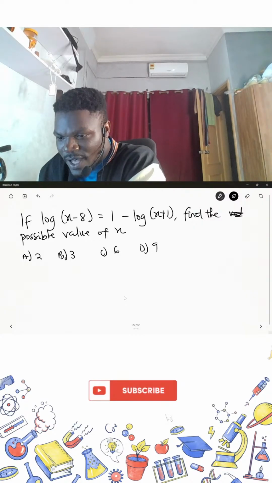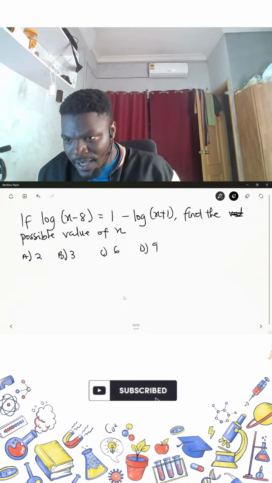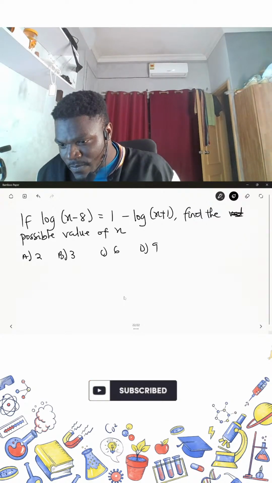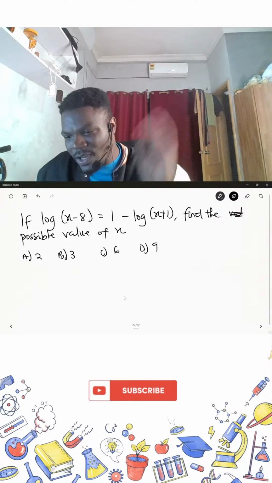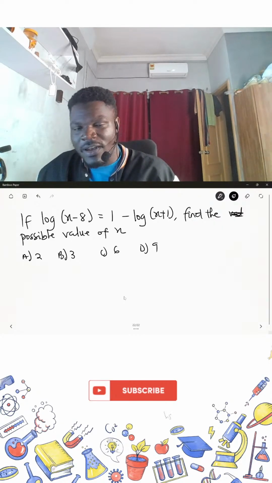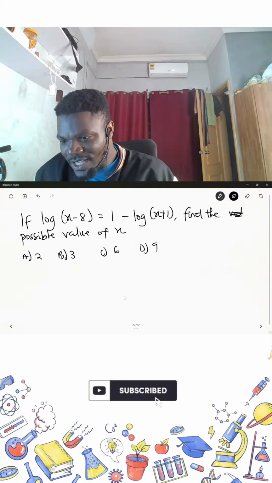Suleiman, Vishal, Colina, Ironman. Okay, Colina is saying A. No, we are not using discriminant. It is purely logarithm. Purely logarithm. Vishal is saying I should wait.